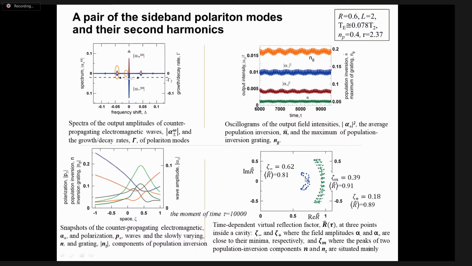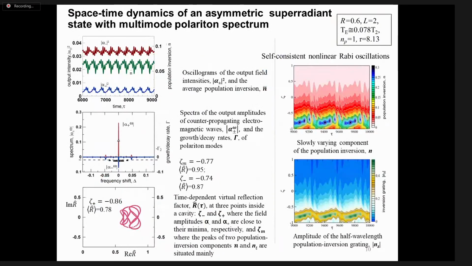Again, we can calculate this effective reflection factor from one side of the cavity, and it appears to be 0.8, for example, in this case, although the reflection factor of the Fabry-Perot mirrors was 0.6. So again, we have a self-consistent structure. Here you can see the same situation of an asymmetric super-radiant state with a multimode polariton spectrum.